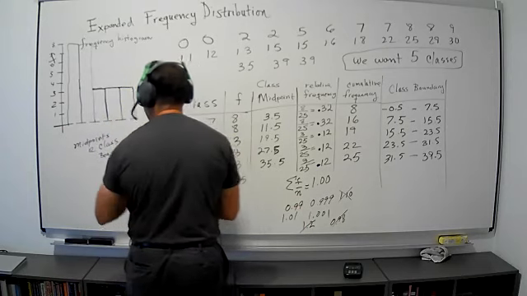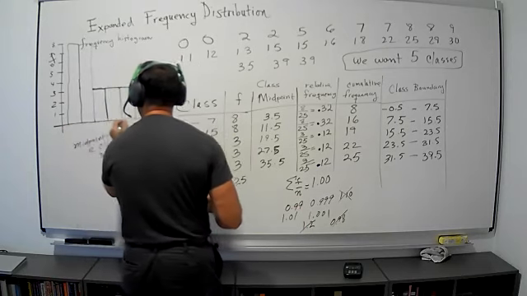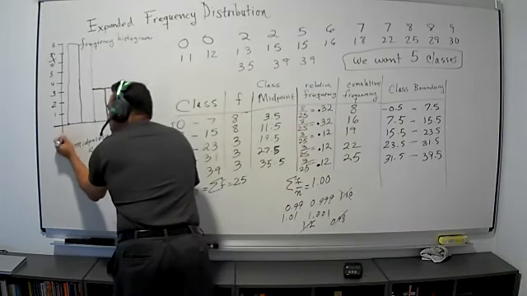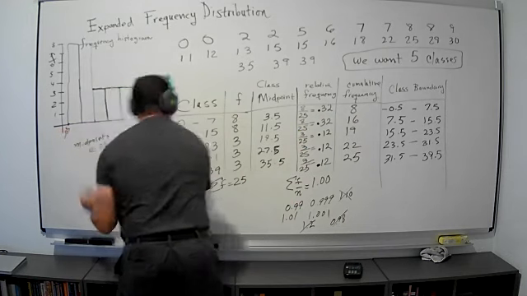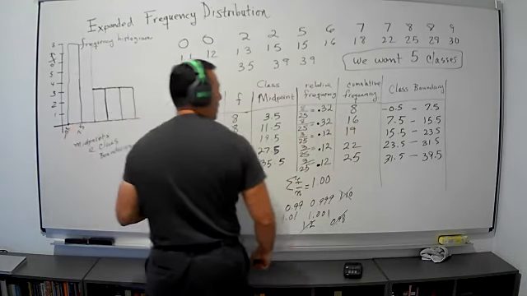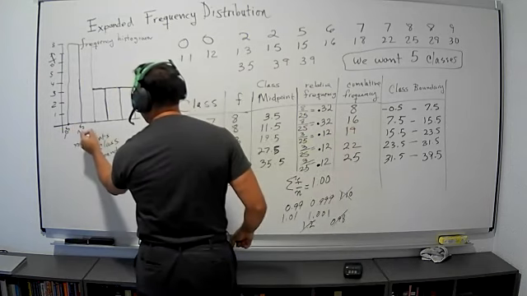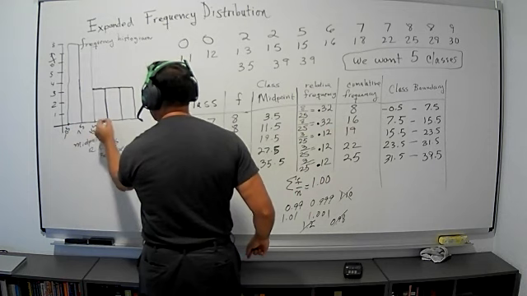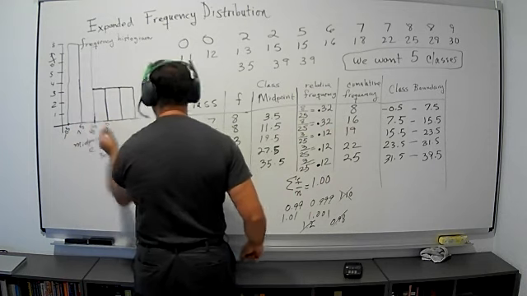I could have done the same thing, but all I do now is this first one here would be negative 0.5. Then that one, 7.5. And then 15.5. And then 23.5. See, the class boundaries, the boundary.